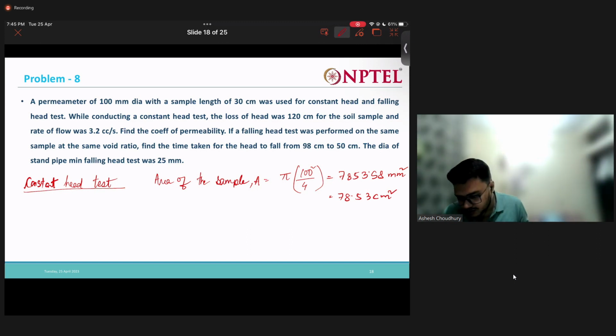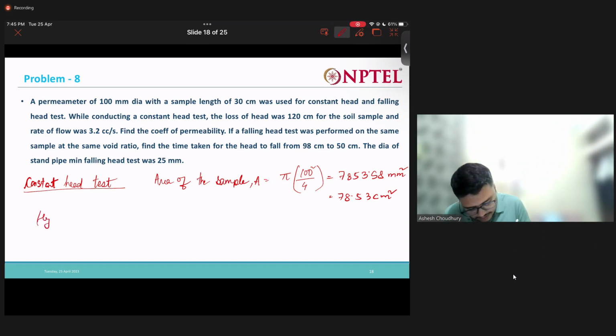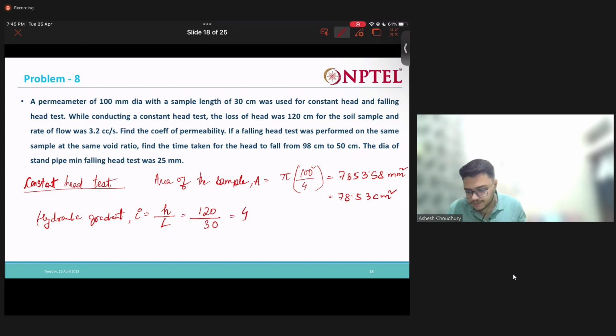Okay. So and what is our hydraulic gradient? So how much is this? What is delta H? 120 by 30. So 4.